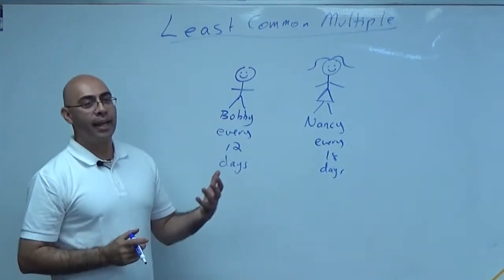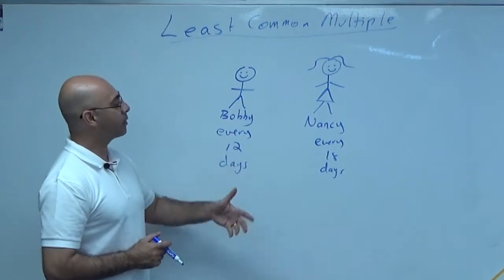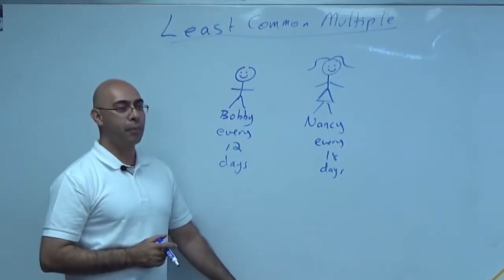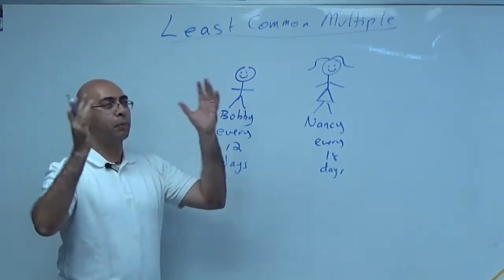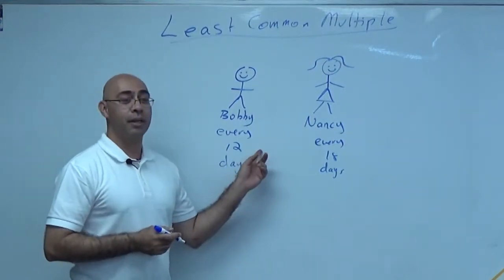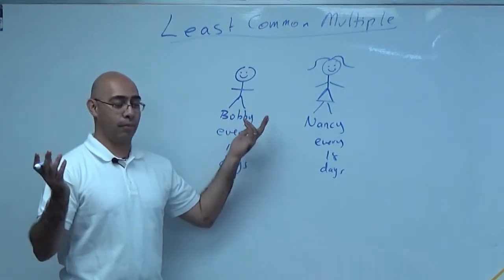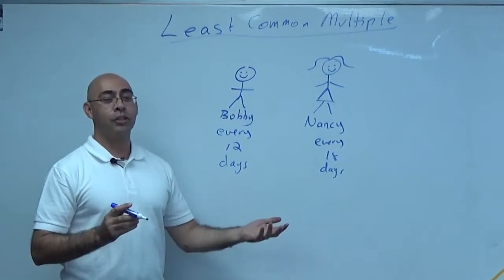Let's say one day, as Bobby is delivering a package at a certain house, he runs into Not Too Shabby Nancy. Their eyes lock, the music plays, and they fall in love. But then they have to go, because he has to make deliveries, and she's walking to a party with friends. She's like, oh no, when are we going to see each other again?